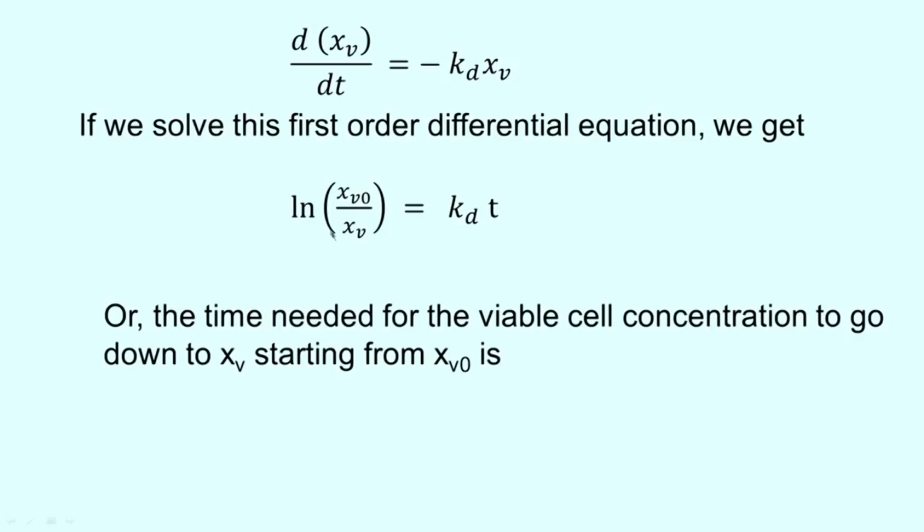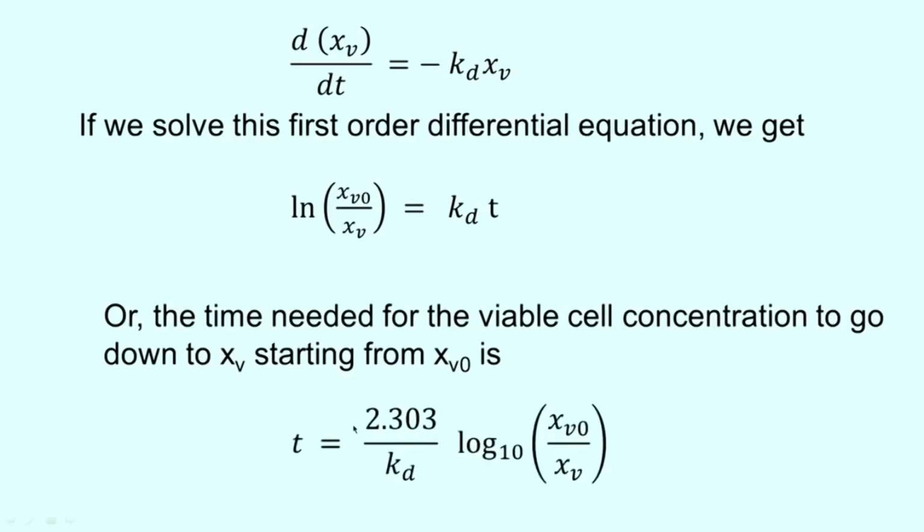Or the way to look at this from a design perspective is the time needed for the viable cell concentration to go down to x v starting from x v naught when the process started. I am converting the natural log to log base 10. You know that the conversion factor is 2.303.